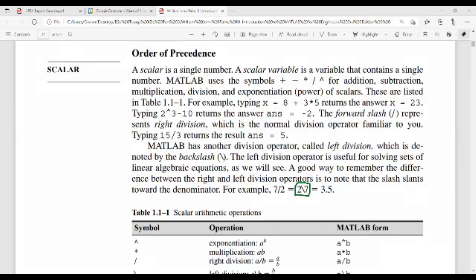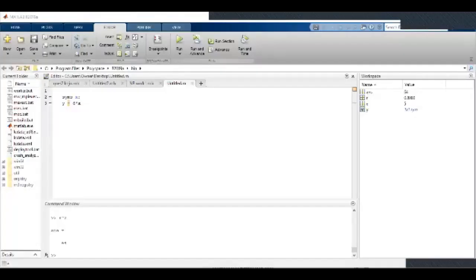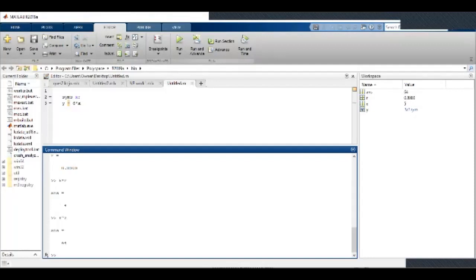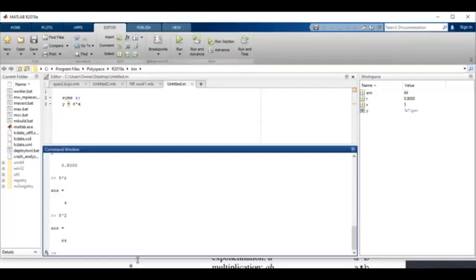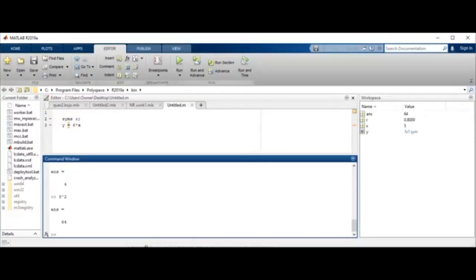Okay, so now let me see the real MATLAB. Let me expand this window. Can you see the real MATLAB window? You can see, right?